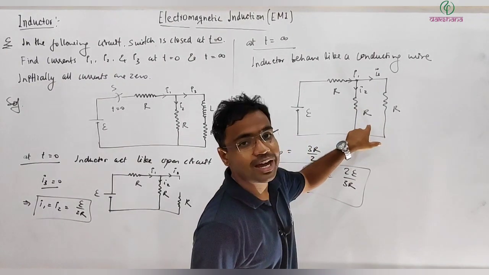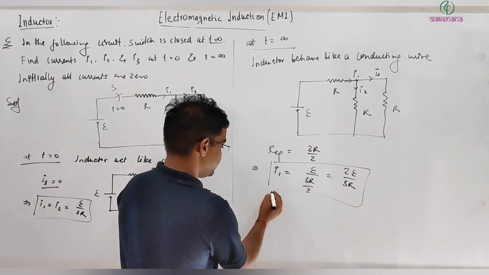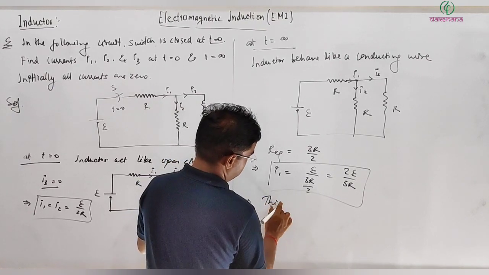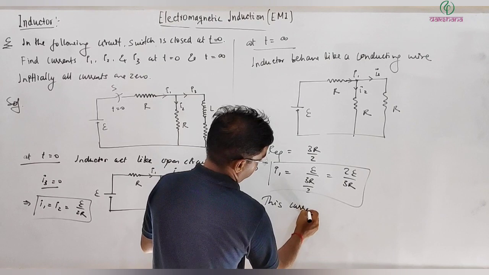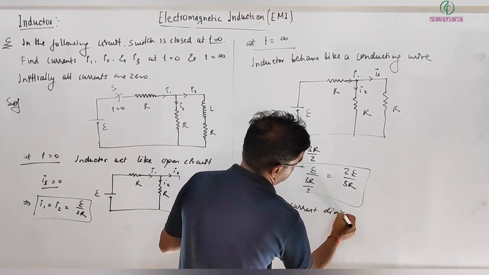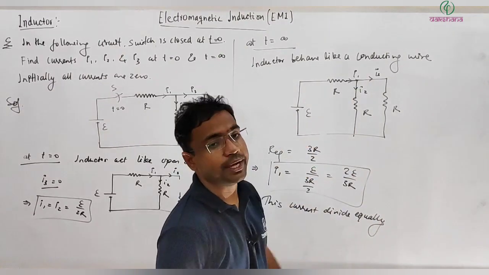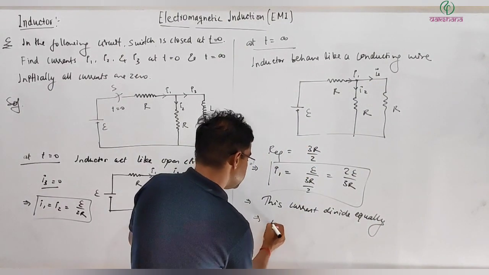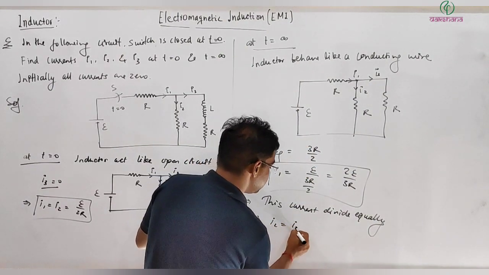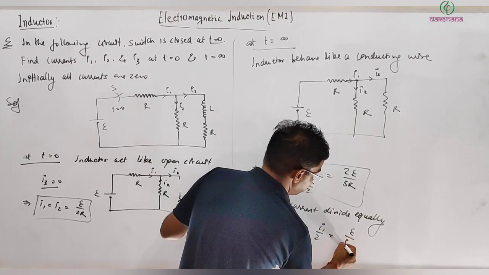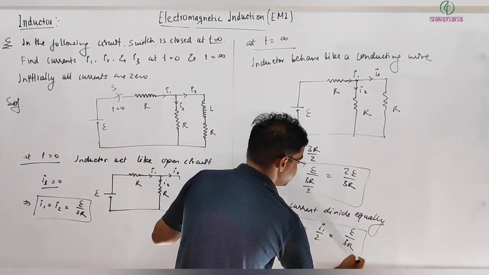You can see R and R are both equal. So this current divides equally among I2 and I3, and this implies I2 equal to I3 equal to I1 by 2, that is E by 3R. So this is the current.